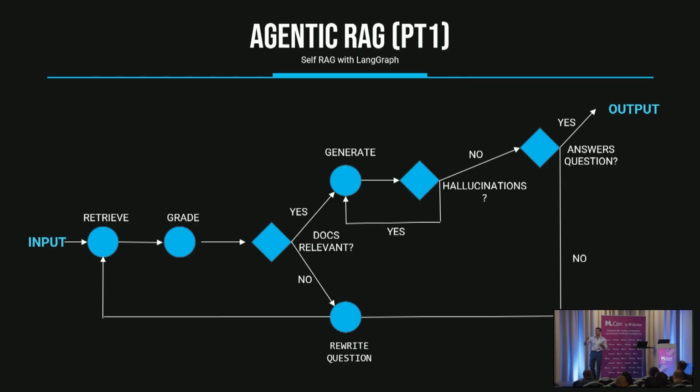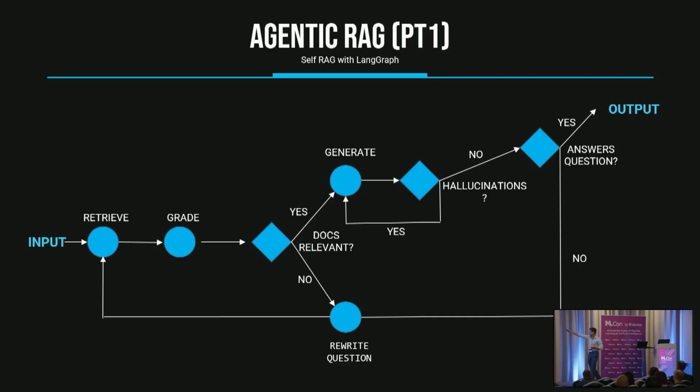And again, we ask a separate language model if the answer is grounded in facts or if it hallucinates. If it hallucinates, we will ask for more feedback and we will go again to the generate step, saying, hey, you generated this answer, but the answer seems to be hallucinating for this reason, with the feedback from that model.